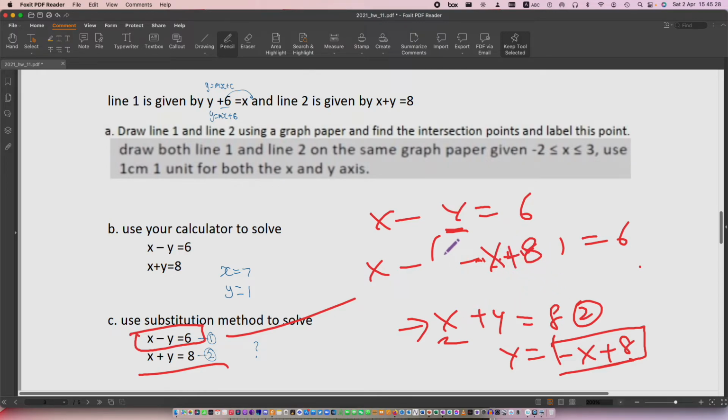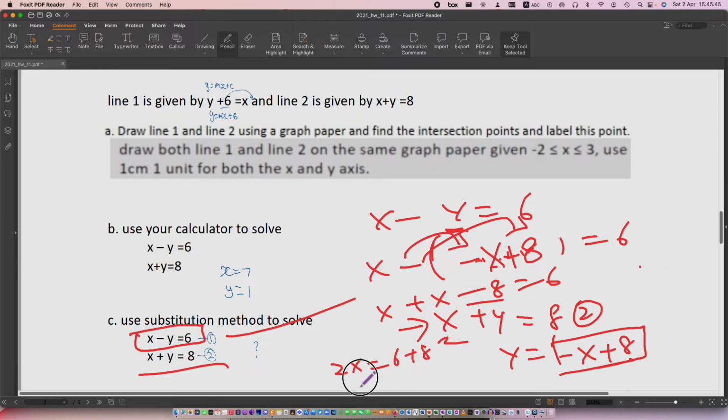Minus minus plus. So if you continue, 2x equals, bring this over, 6 plus 8. So 2x is equal to 14, x equals 7.